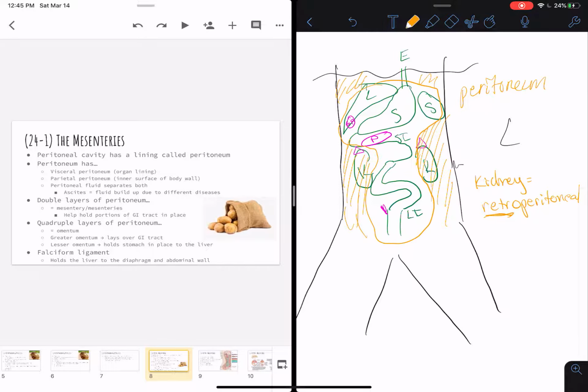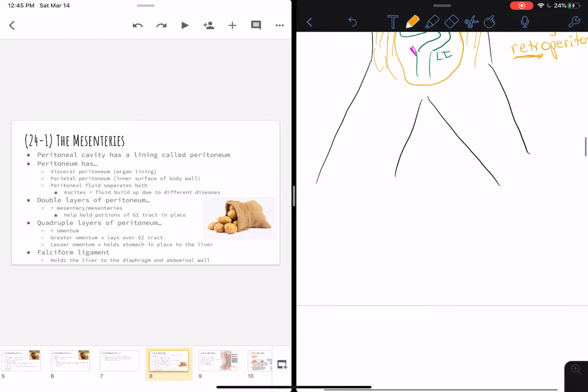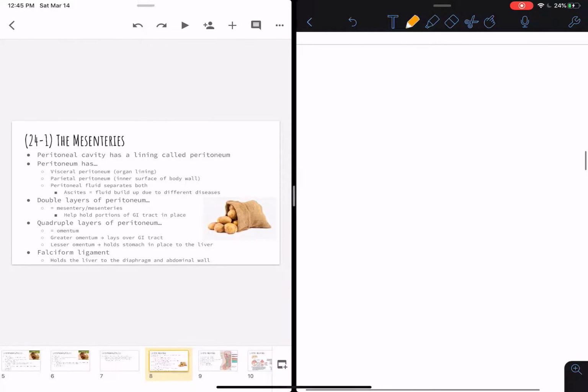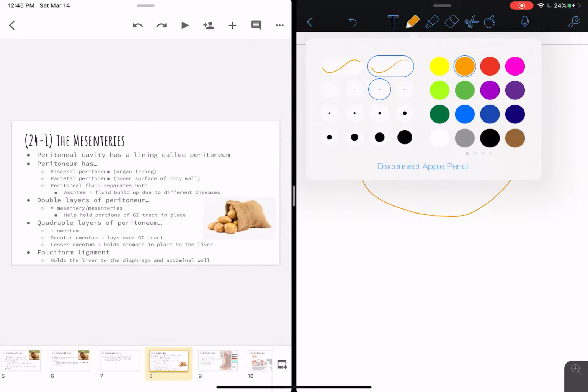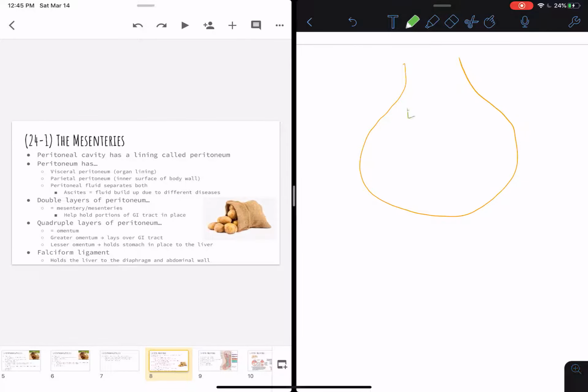So we have the peritoneum that's circulating the entire abdominal cavity. And you can kind of think of the mesenteries like a sack of potatoes. So if I have the sack, that's going to be my peritoneum. And then I'm going to have my organs within it. So I'm just going to draw circles. Okay.